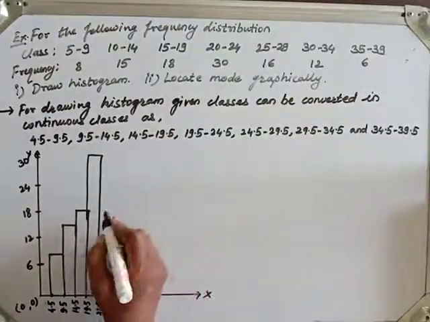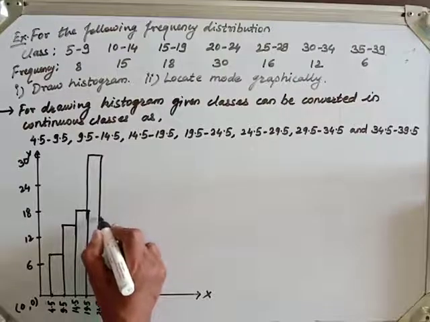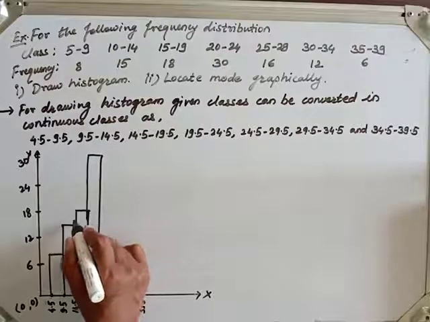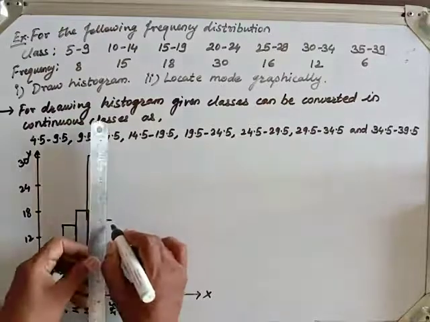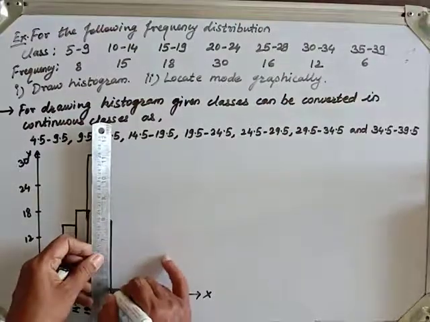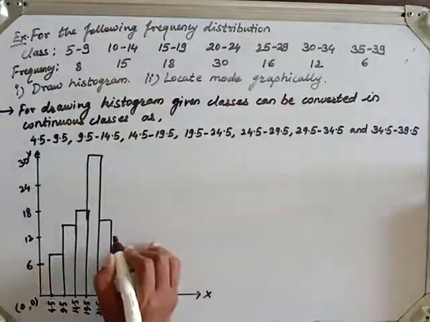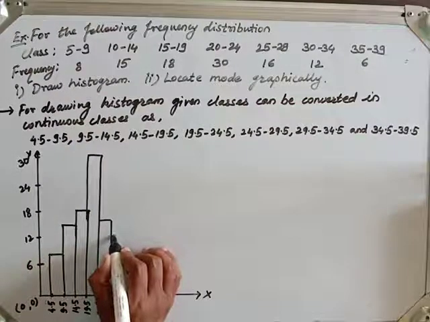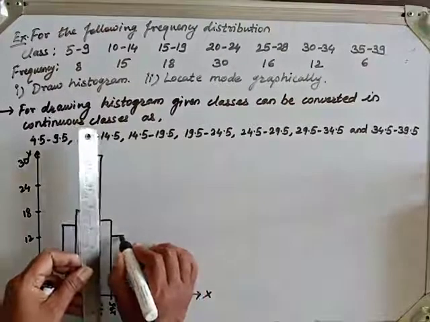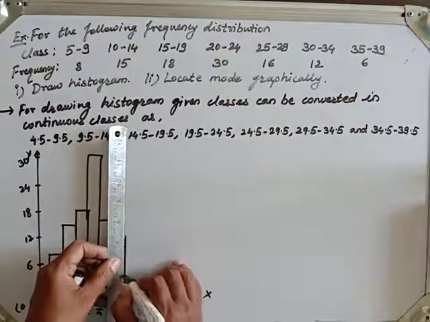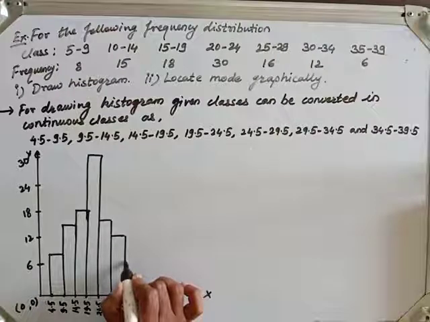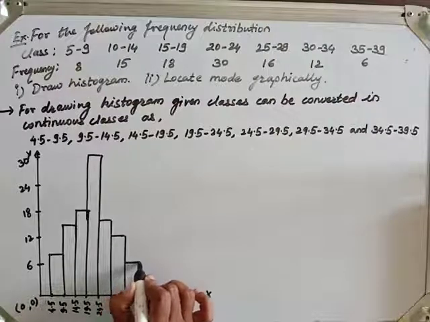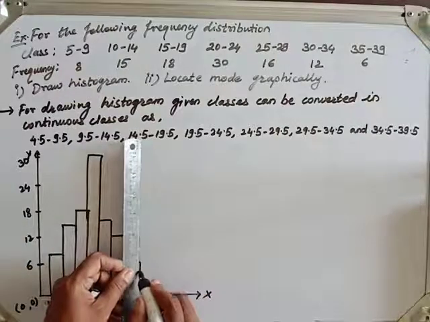Then 16 will be just below this 18, just above 15. Now the next will be 12, so 12 is here. Let us join them. Then the next one will be 6, so it is here. So this is our histogram.